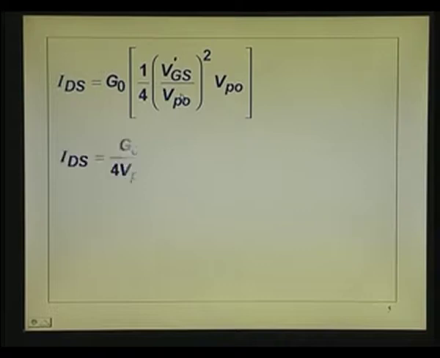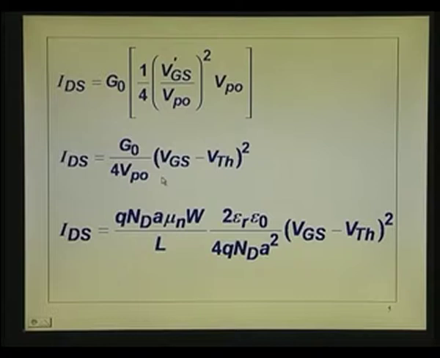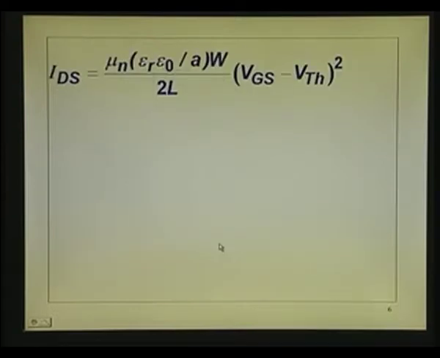We get this, that we rewrite as pulling out these two terms, substitute for G0 and Vp0, put all that together, and cancel out. G0 is the channel conductance, and Vp0 is QND A squared by twice epsilon r epsilon 0. Cancelling out QND into A, you get that term. In fact, we have done that in the previous lecture.